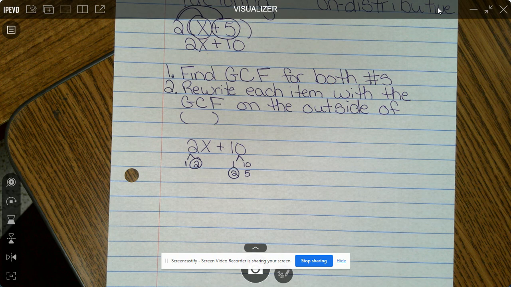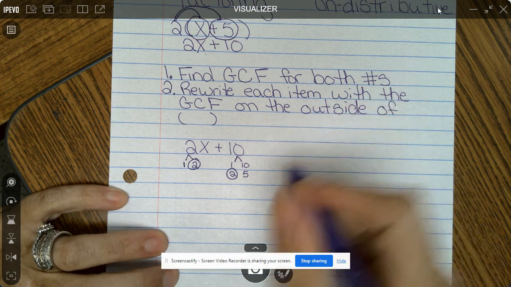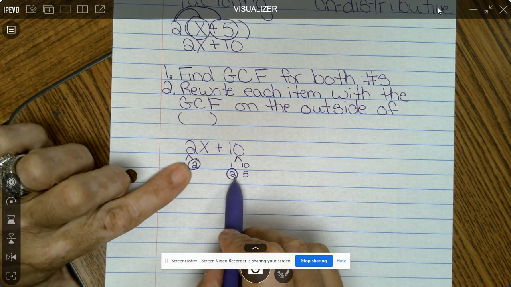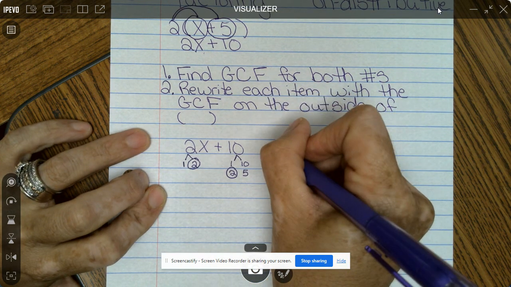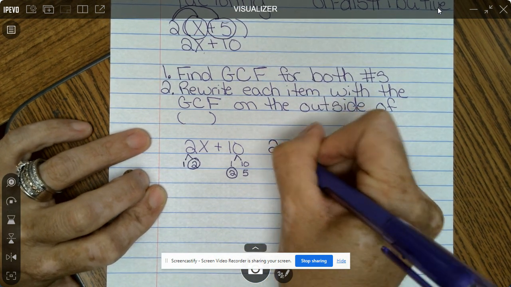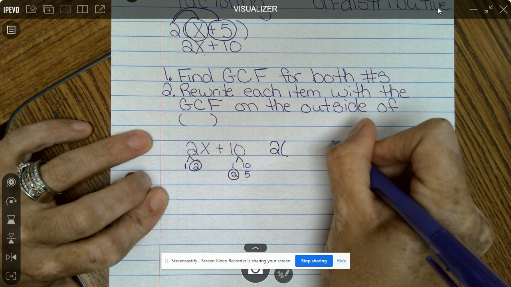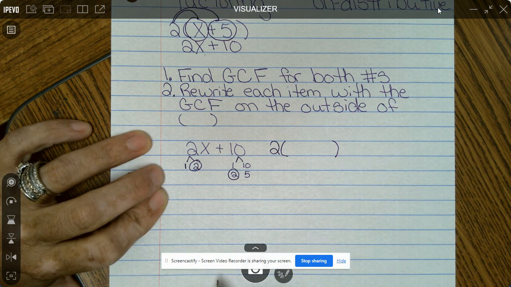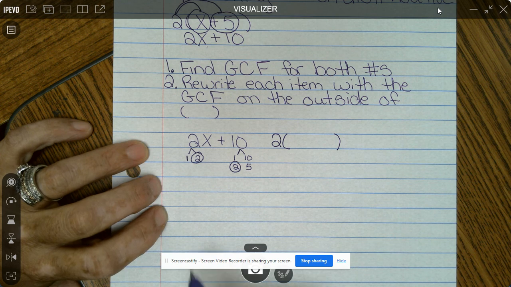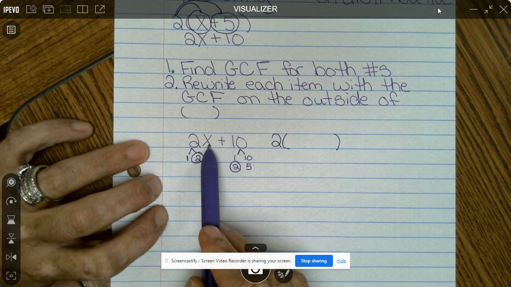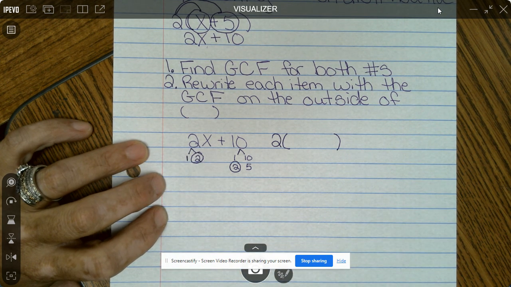So are you always going to have to write your little tree down? No. Since 2 is the greatest common factor of 2 and 10, I'm going to put it on the outside of my parentheses. Then you take a step back and ask, how many times does 2 go into 2x? 1 time.